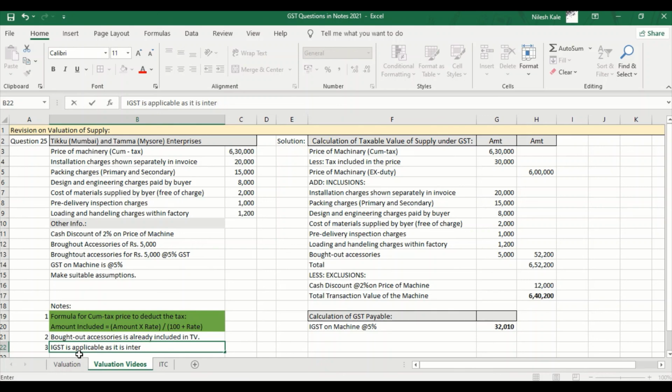I will just put a hyphen here, interstate transaction, right?